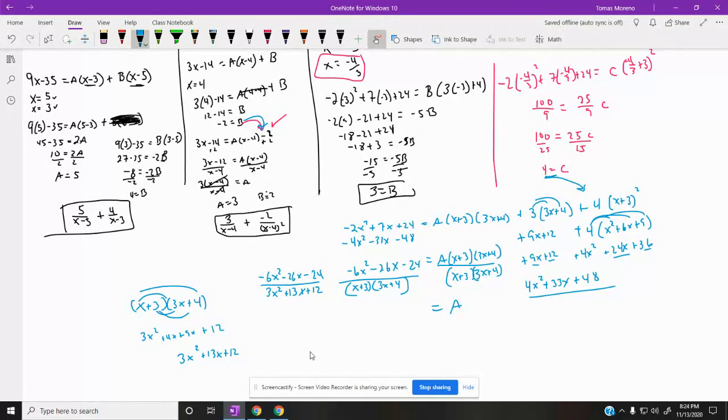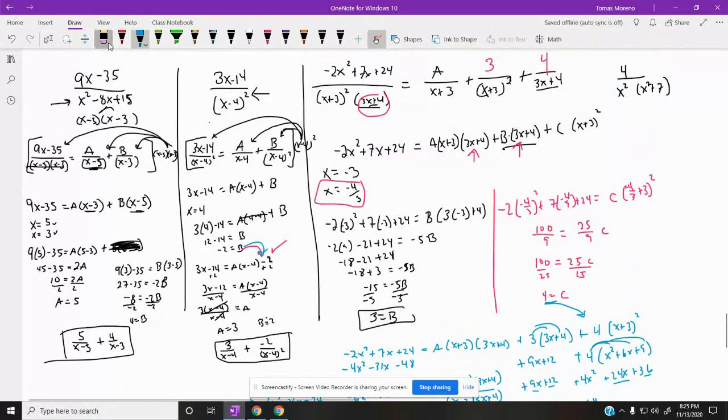I think we did in this class, or if you didn't, you probably did it in college algebra. So this can be divided into this, and it goes in negative, and that's your A, negative 2. So over here we put negative 2.